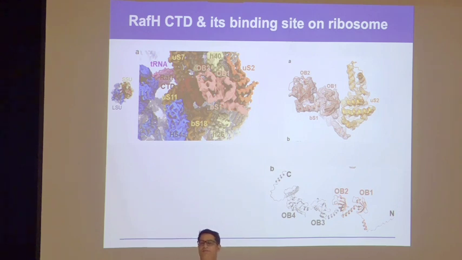AlphaFold is just to dock into your EM density. AlphaFold is not going to help you improve the EM density. To improve the EM density, you can use signal subtraction and multi-body refinement. That helps. Thank you so much.